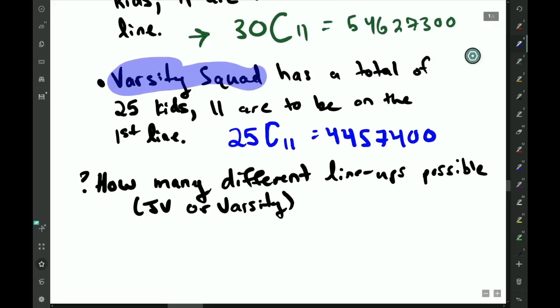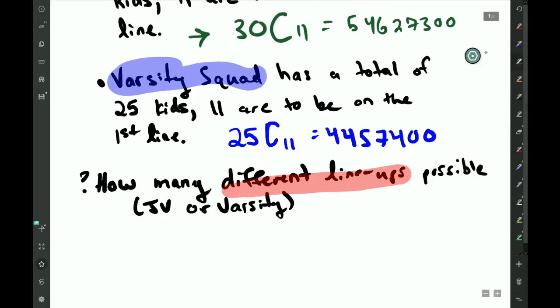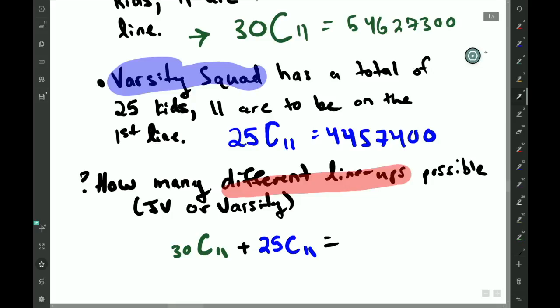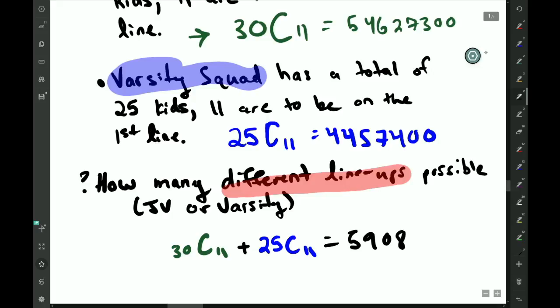The different lineups, JV or varsity, you just need to add each specific committee, each specific team. So it's going to be the 30 choose 11 plus the 25 choose 11. And there's a large number for that. 59,084,700.